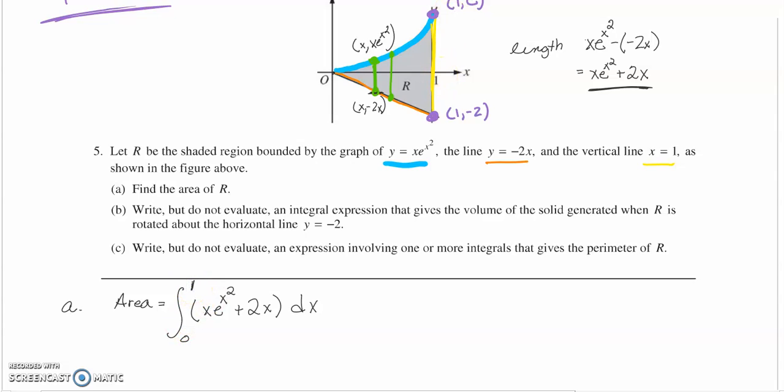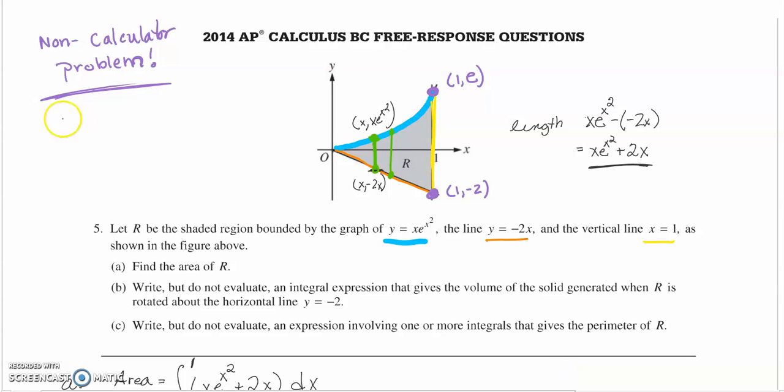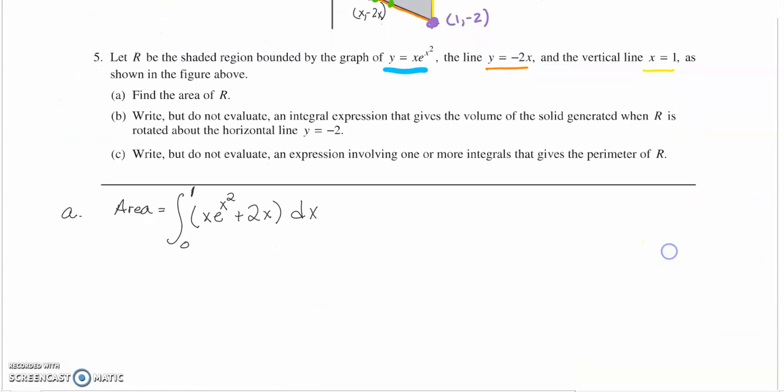So there's my integral. But now I have the challenge, since this is a non-calculator problem, I have to show my integration. So I have to find that antiderivative. So I'm going to encourage you to pause the video and see if you can antiderive this by hand, and then come back and check your work in a moment.